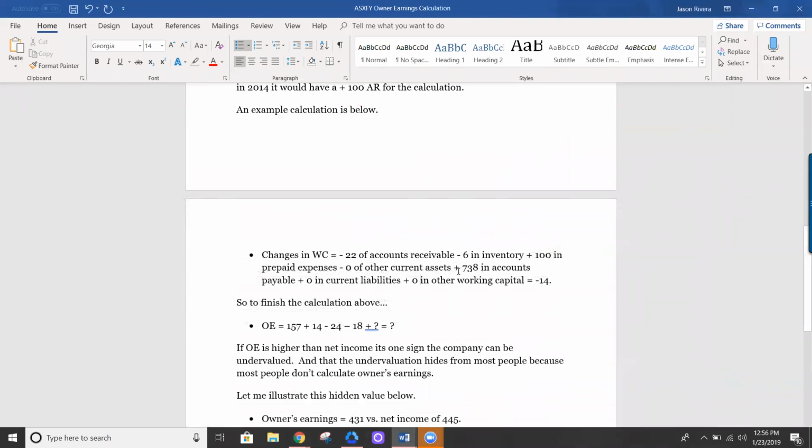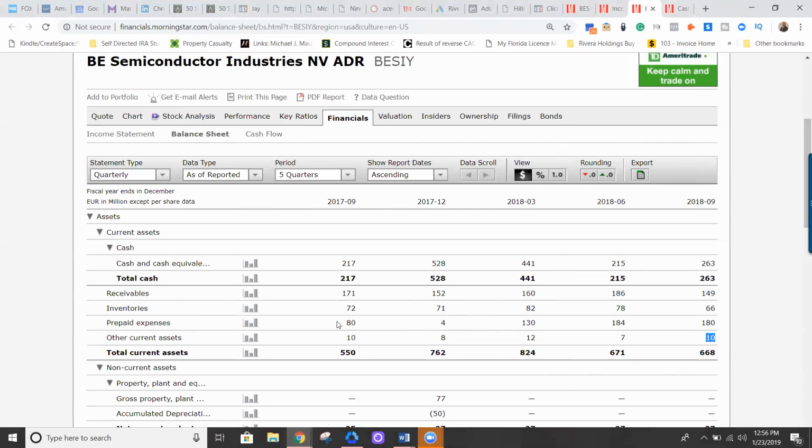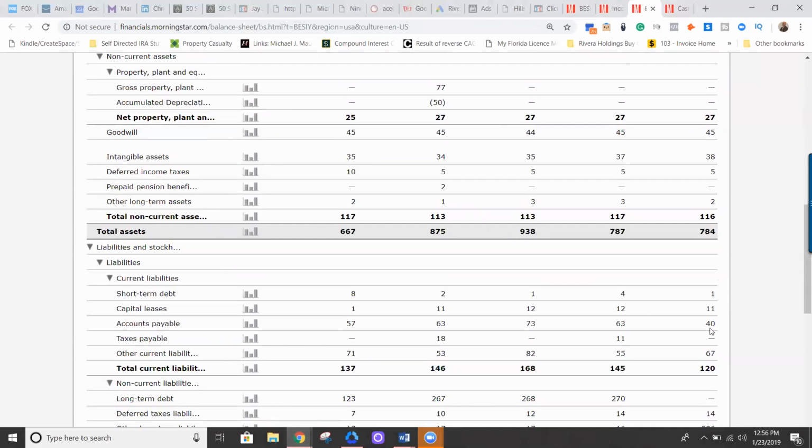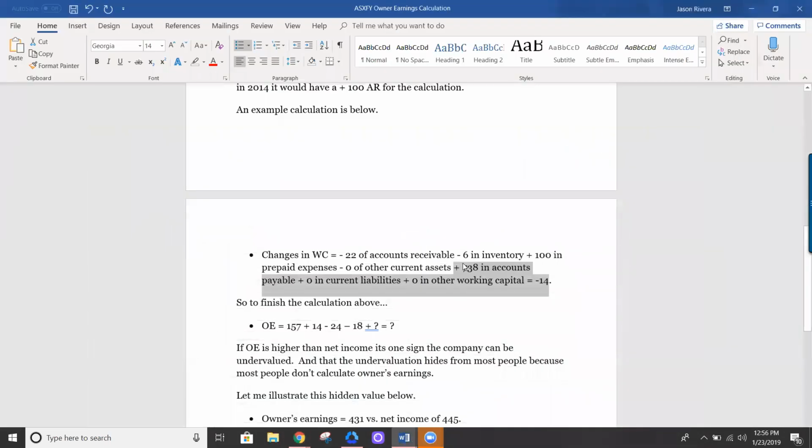Okay, here's where we flip things around, remember? So, accounts payable. So 40 minus 57 is a negative 17, correct? But because we flip them, what is this number? Yes, perfect. Plus 17.